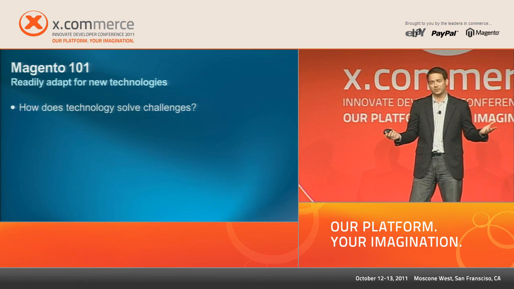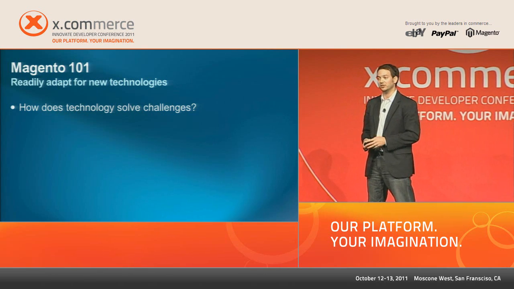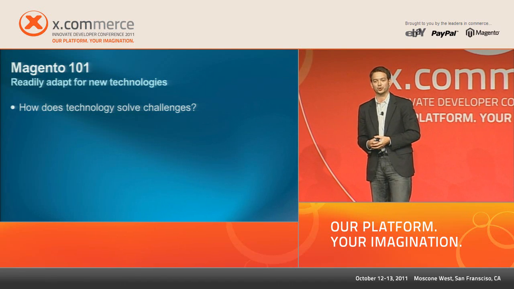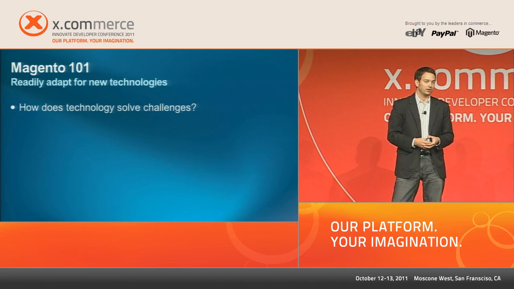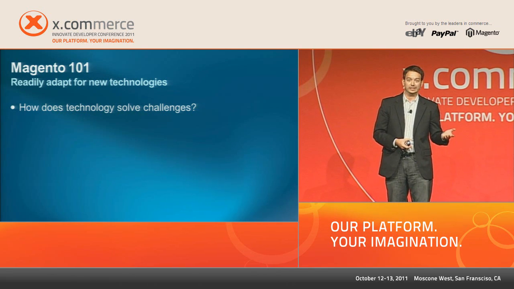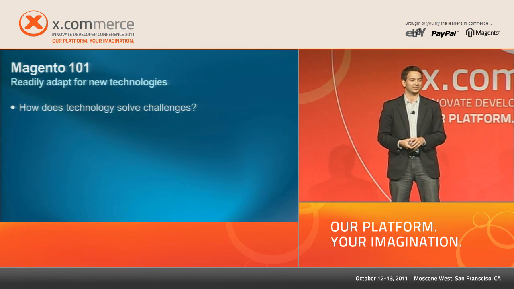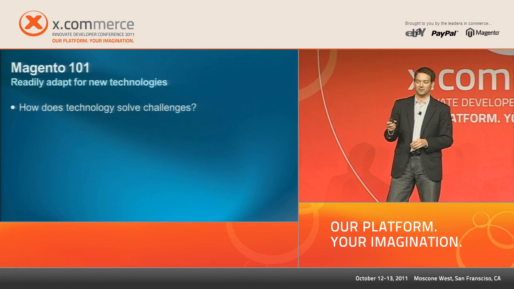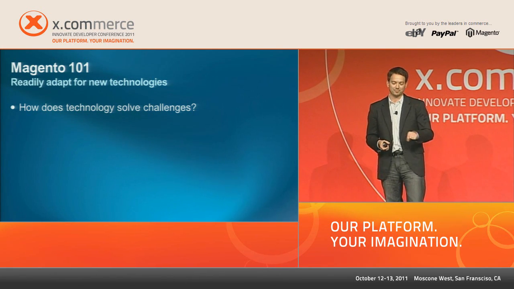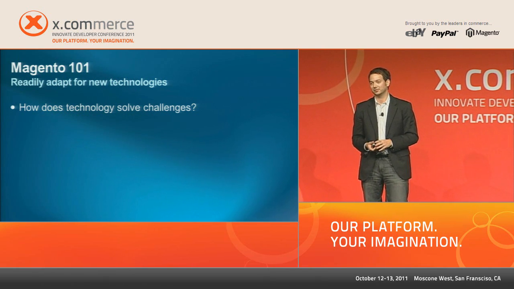Obviously, we all know how Twitter and Facebook and Groupon and all these really innovative new technologies that have come up in the past couple of years have dramatically risen in a very short period of time. Take, for example, Twitter. How many people were actually on Twitter 3-4 years ago, actively using it to the extent that it is today? And if you're an online retailer and you're on a solution that does not allow you to tap into that technology easily, you're left in the dust.